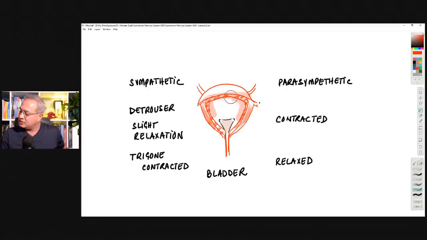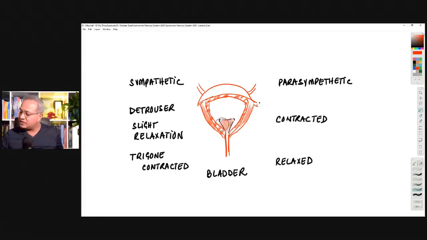This muscle contracts and pushes on the urine to create the feeling of needing to go to the restroom. And then when we go to the restroom, it helps us open the sphincters and move the urine out. At the same time, there is another muscle area here which is called the trigone. The trigone is going to do the other way around.